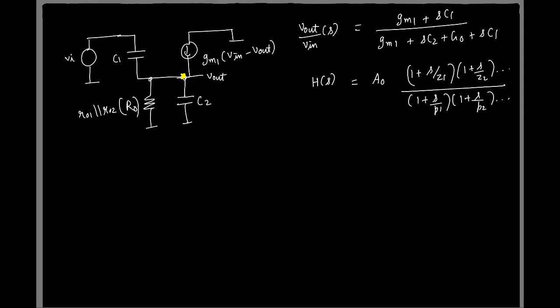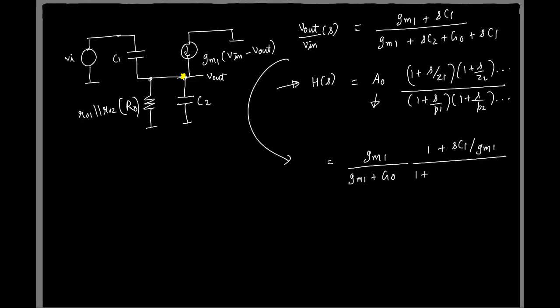The reason is simple. Here it's straightforward what A0 is: if I put S equal to 0, it's the gain evaluated at DC, right? So this directly gives the gain we have computed all this time without the capacitor. So if you write it in that form, I'll have GM1 by GM1 plus G0 times 1 plus SC1 by GM1, over 1 plus S times (C1 plus C2) by (GM1 plus G0).